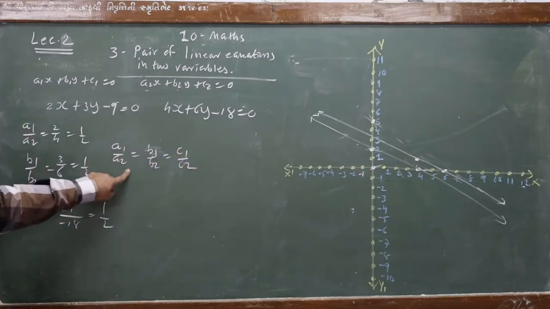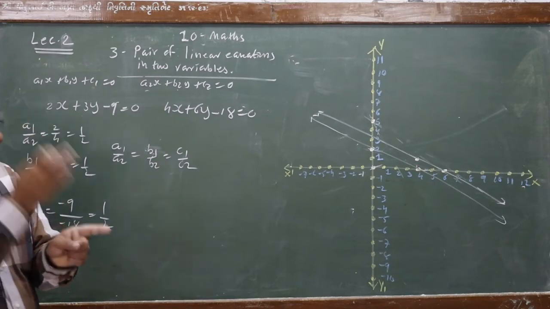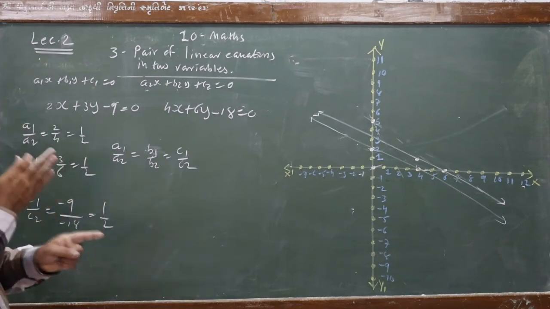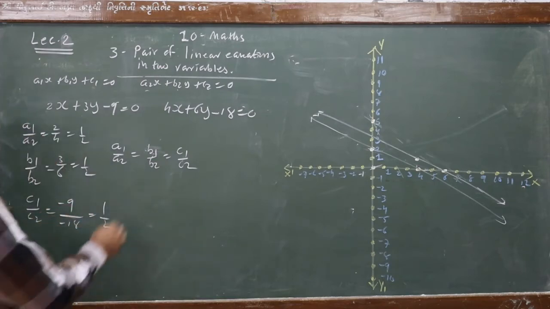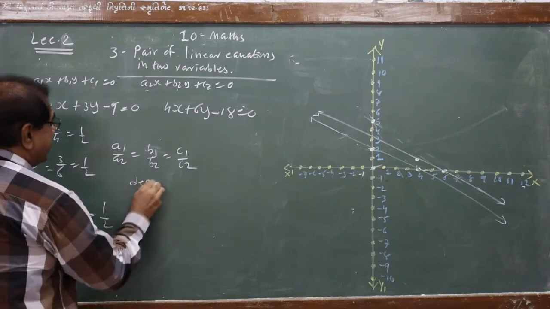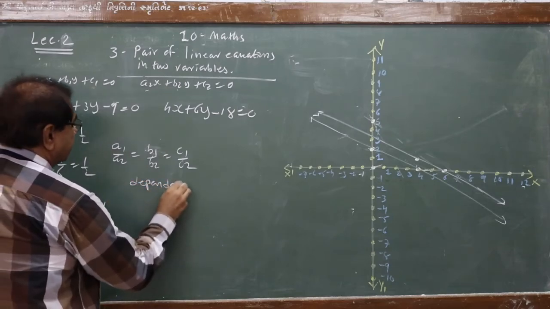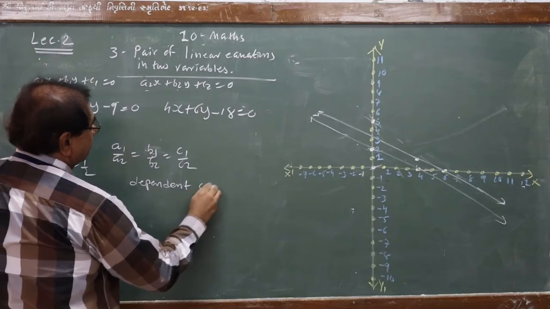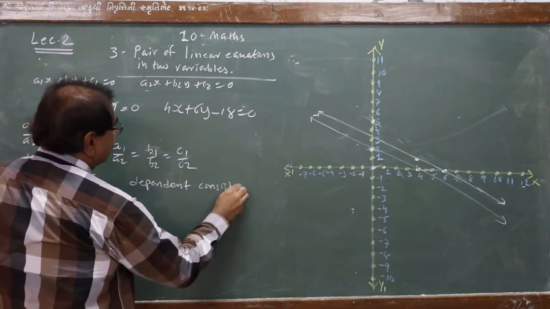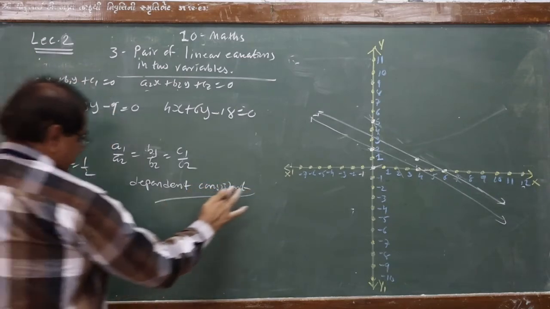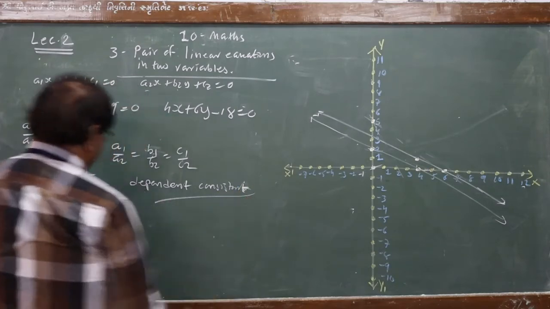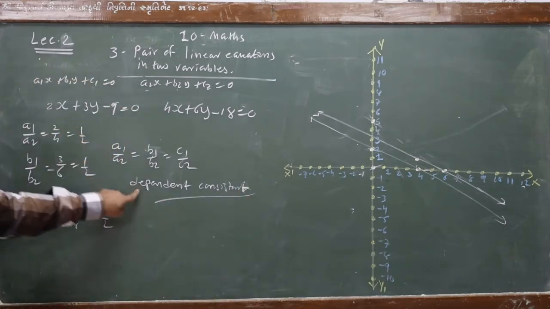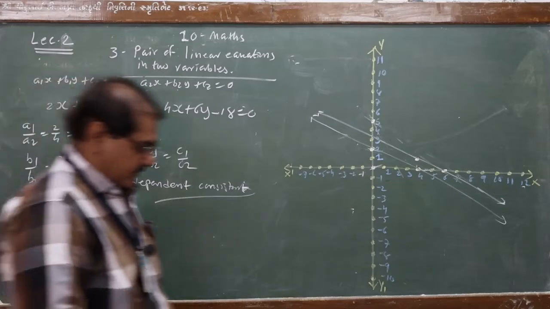And in this case we said that the lines were coincident. That means both represent the same line. So they are called dependent consistent. So these paired equations are known as a dependent consistent pair of equations.